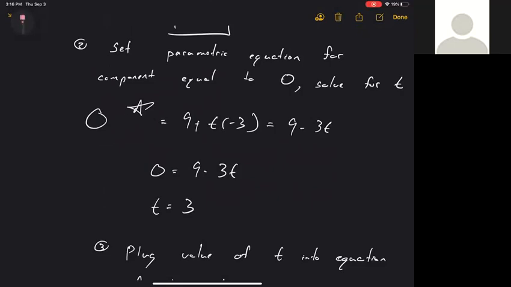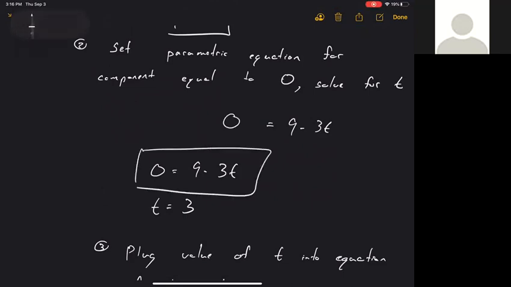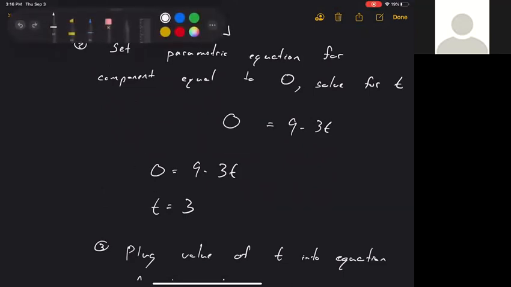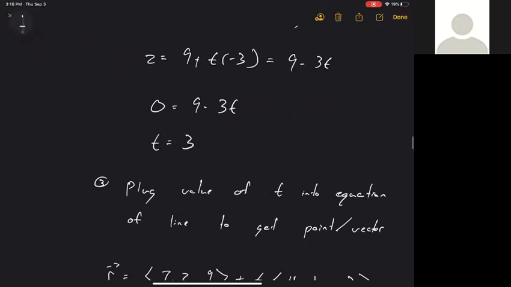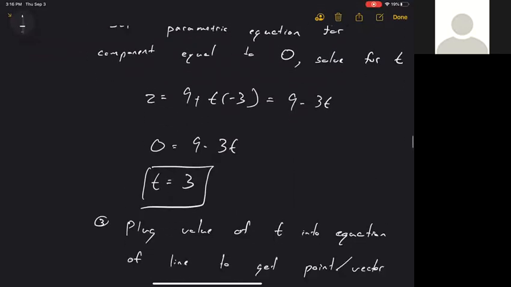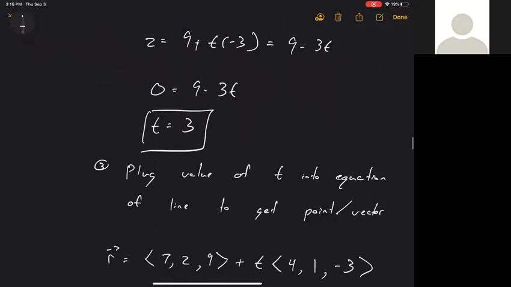So I just say 0 equals 9 minus 3t, which is what I've written here. And then I solve for t. So t equals 3. So the t value where that line intersects the plane is 3.